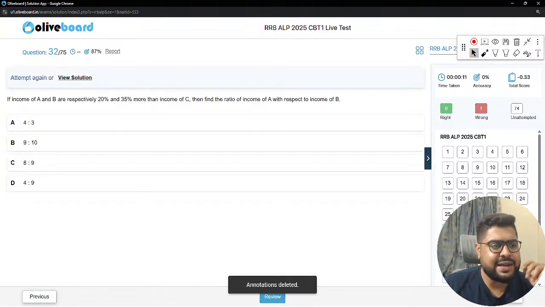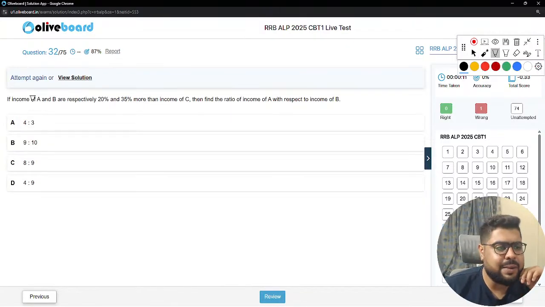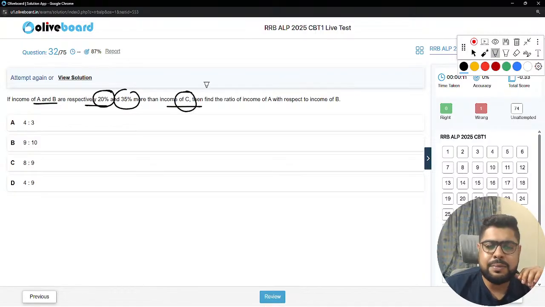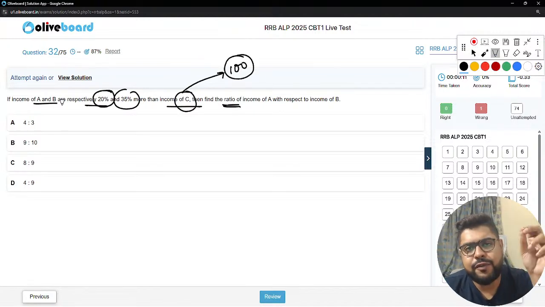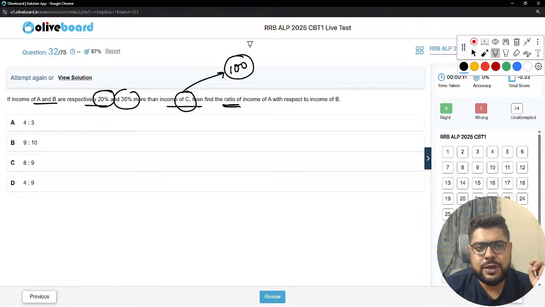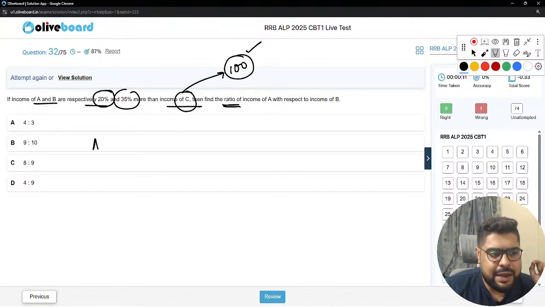Clear? Income of A and B are respectively 20 and 35% more than C. They are asking the ratio, meaning I can assume anything, take 100. Both the incomes of A and B are related to C. So C is 100. The income of A is 20% more, that means 120.